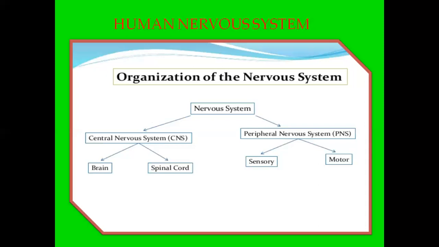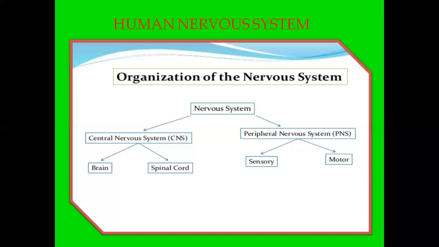The somatic nervous system includes two types of nerves: cranial nerves and spinal nerves.